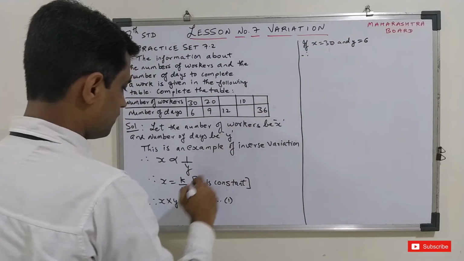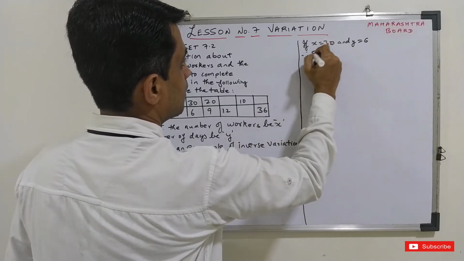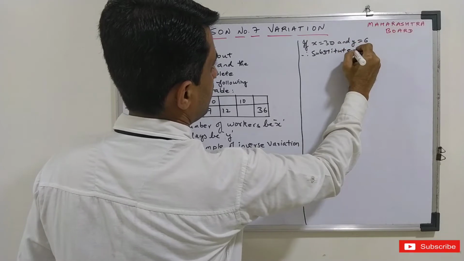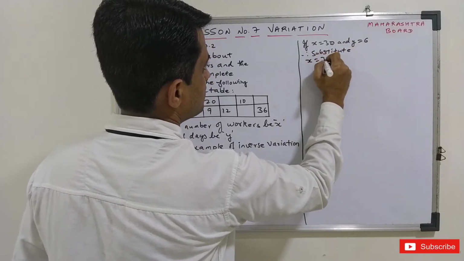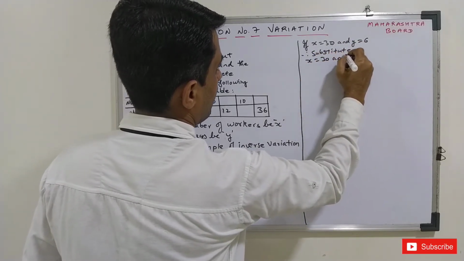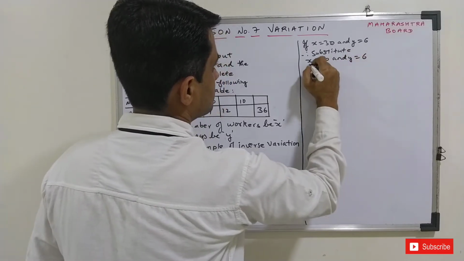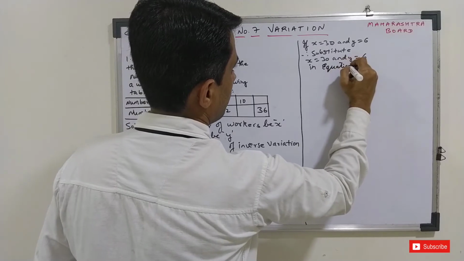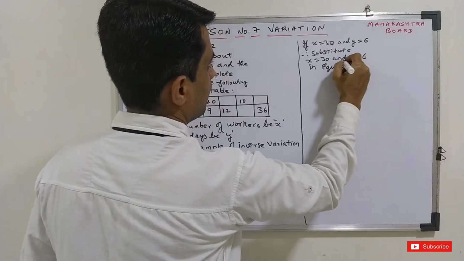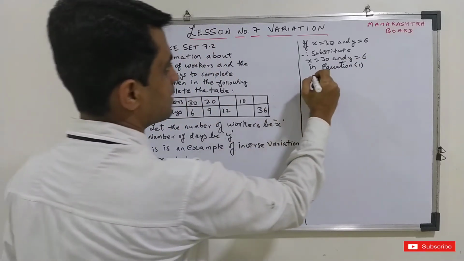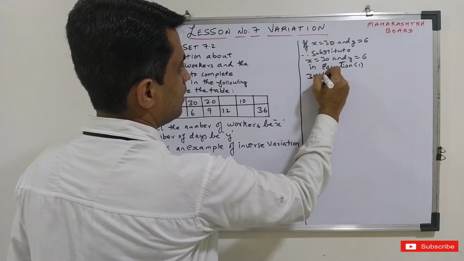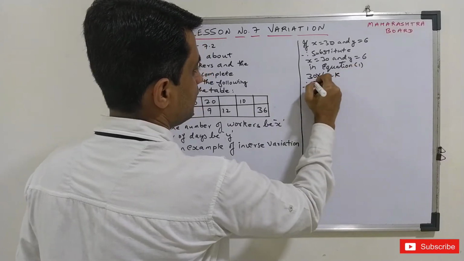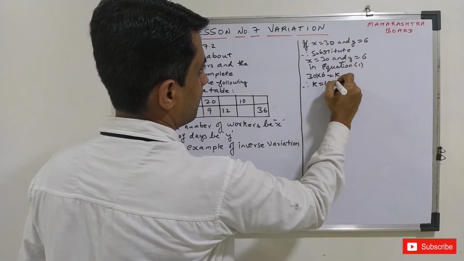Therefore substitute x is equal to 30 and y is equal to 6 in equation 1. So what is our x? 30 into 6. What is our y? 6 is equal to k. So we got k is equal to 180.